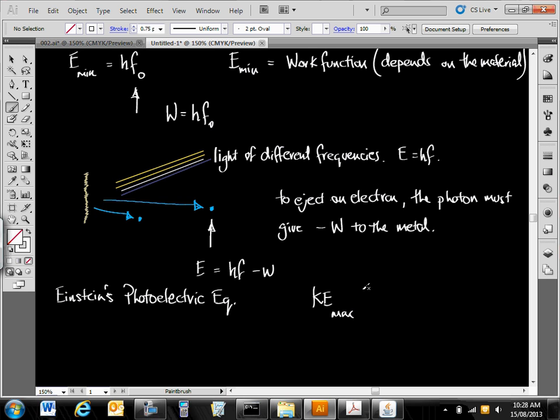The maximum kinetic energy is equal to the energy of the photon minus the work function of the metal.